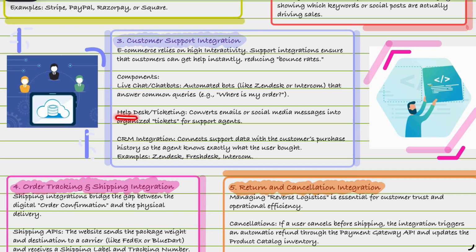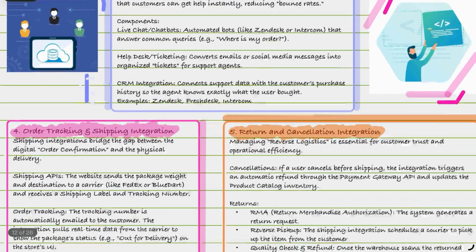We can also get the help desk or ticketing, which converts the email or social media messages into organized tickets for the support agents. And we can also get the CRM integration, which connects the support data with the customer purchase history so that the agents know exactly what the user bought. Examples for customer support integration are Zendesk, Freshdesk and Intercom.